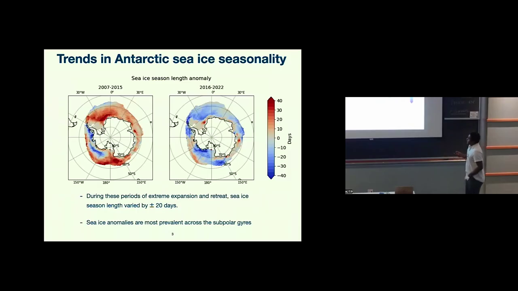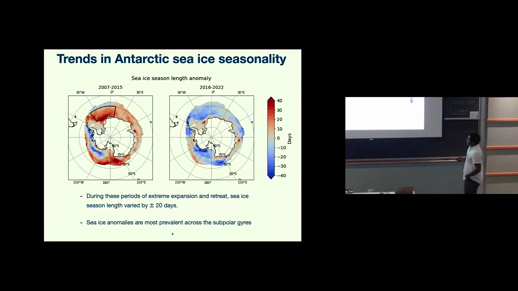What you can see is, in both cases, relatively circumpolar patterns, especially in the Weddell Sea, for both the expansion and the retreat period. The order of magnitude here is around 20 to 30 days across these subpolar gyres. If you think about ocean heat uptake, that's a big deal, right? I wouldn't say they're almost mirror images of each other, but you do see some differences in the Ross Sea here, right?